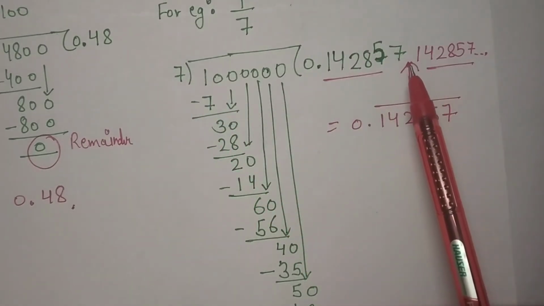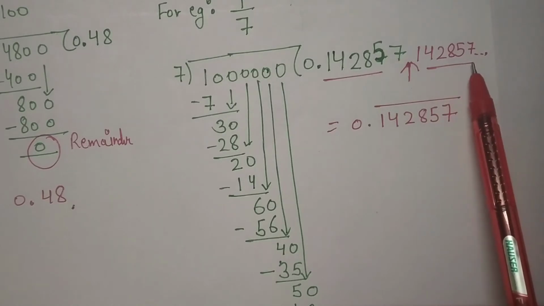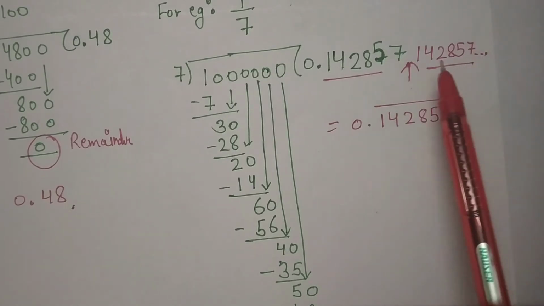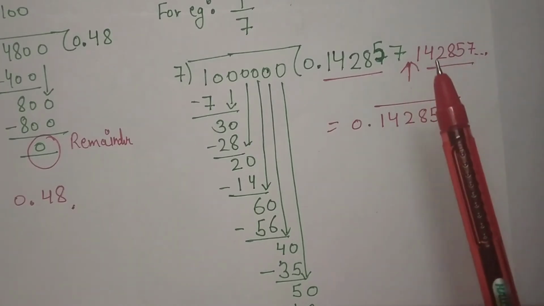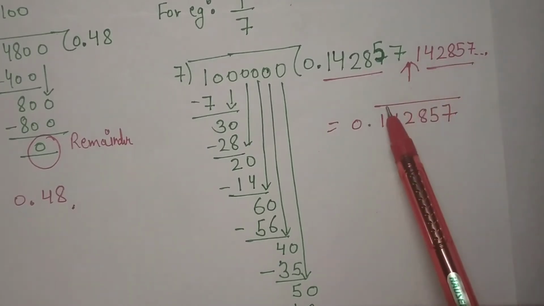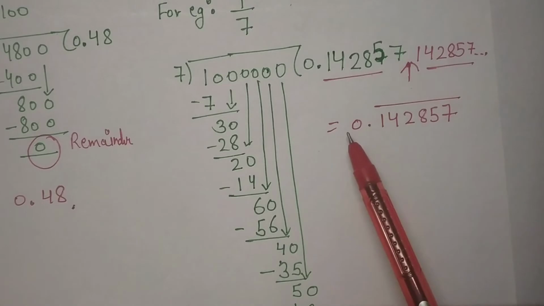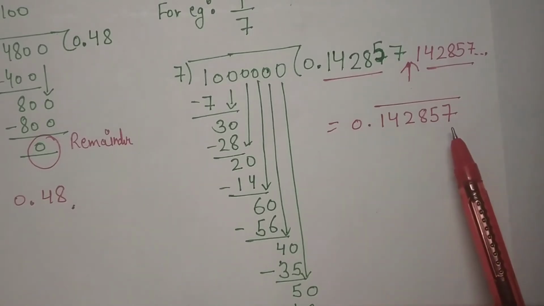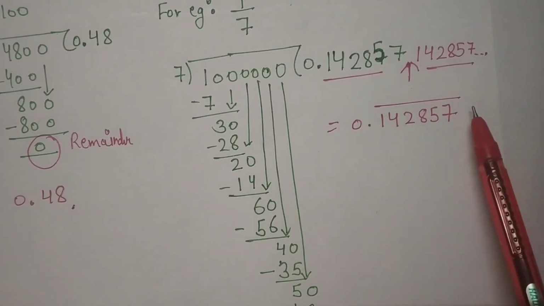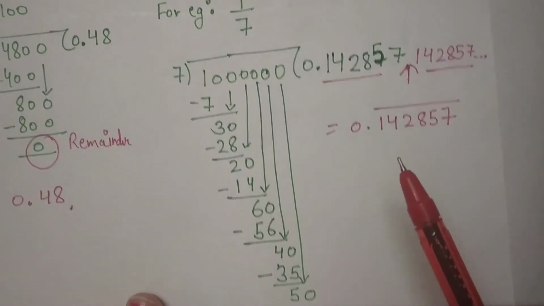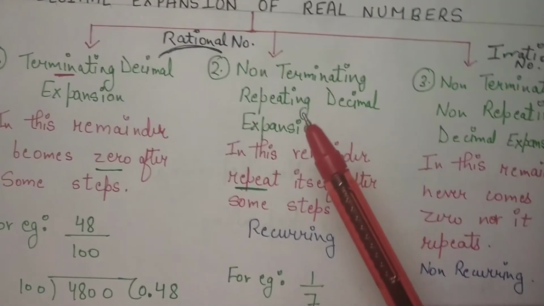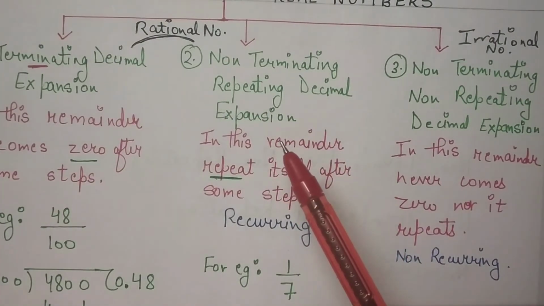Now again I'll get the answer 142857, and after that it will repeat again and again. So for this repeating I have put the bar here, and this is written as 0.142857 with a bar because it is repeating, it is not ending. Therefore this comes under non-terminating repeating decimal expansion.